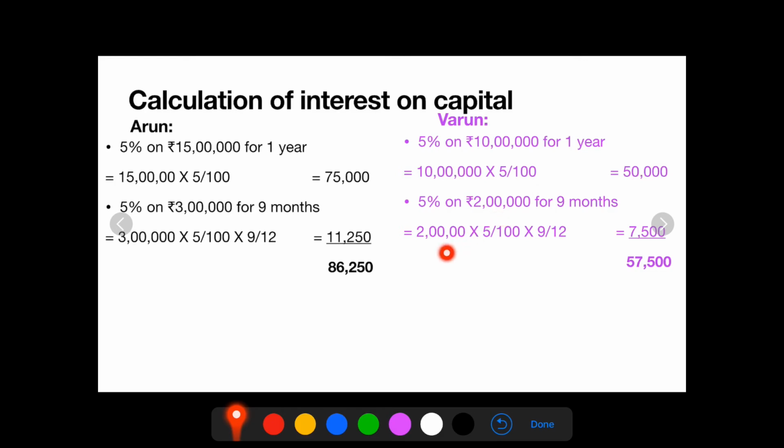On additional capital, that is 2 lakh, for 9 months is going to be 7,500, that is 57,500. So this holds good for both the fixed capital method and the fluctuating capital method, because the problem is the same, only the scenario is different.